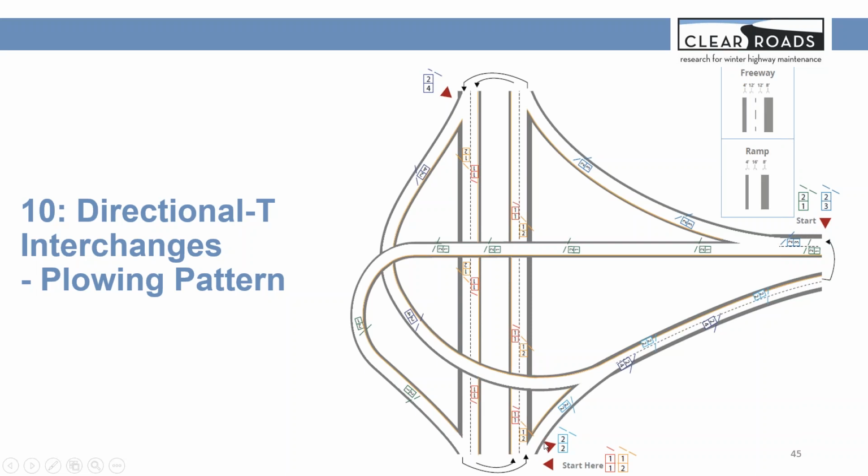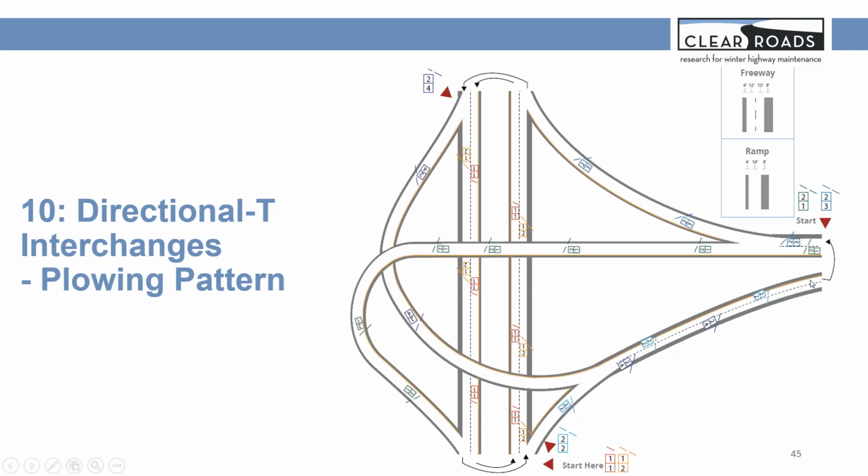Here, start pass number 2. Use the front and the right wing to push snow to the right, and when the truck enters these merged off-ramp lines, it stays to the left, but still keeps the wing plow pushing to the right and clears the left lane.